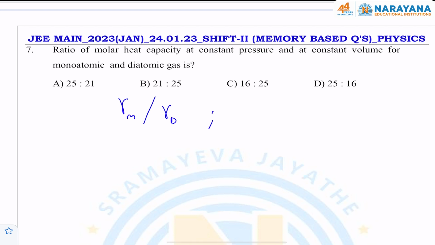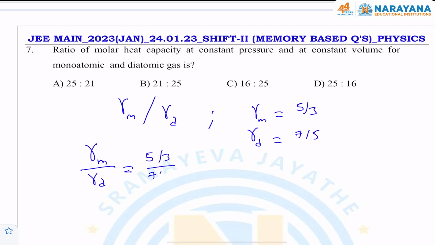So ratio of specific heats for monoatomic gas is 5 by 3, that for diatomic gas is 7 by 5. Now the ratio of gamma m by gamma d will be 5 by 3 by 7 by 5, which is 25 by 21, which is given with option A.